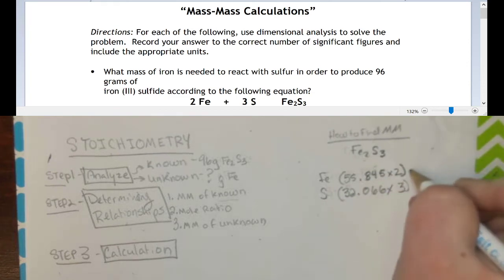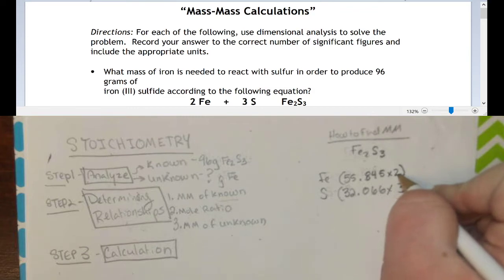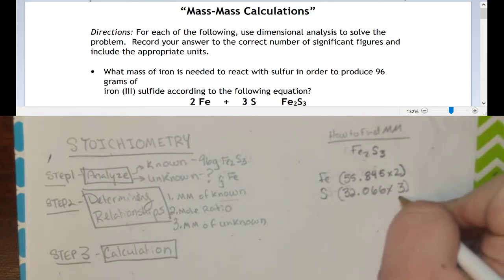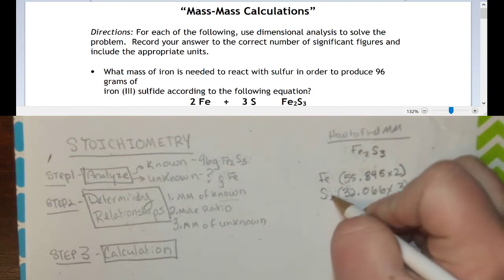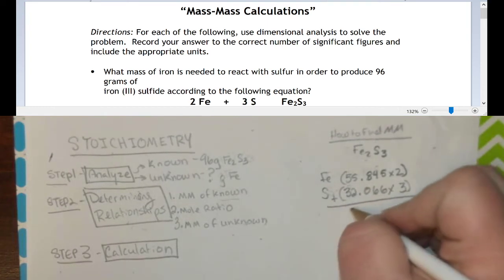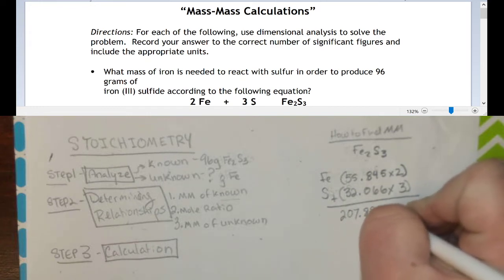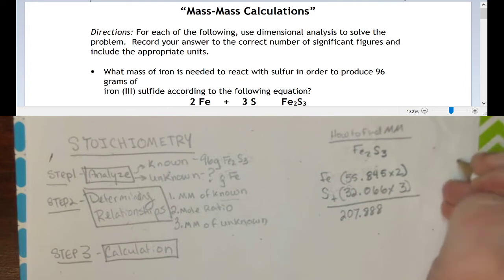Find these totals. This is going to be the total amount of mass of iron in iron sulfide. This is the total mass of sulfur in iron sulfide. Add them together. Find what your value is. You should get 207.888 if I'm not mistaken.